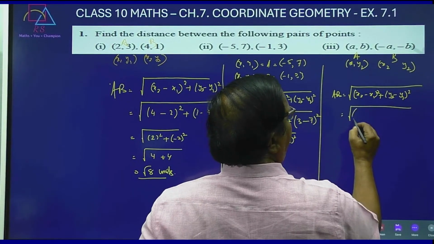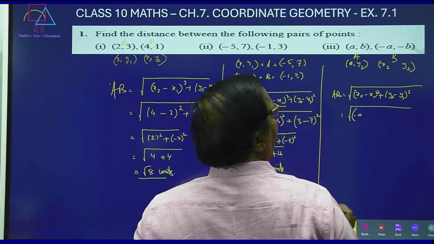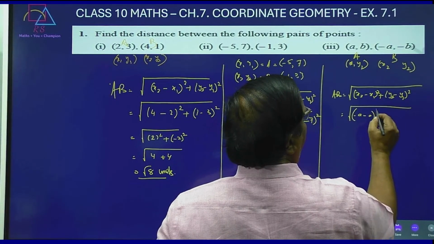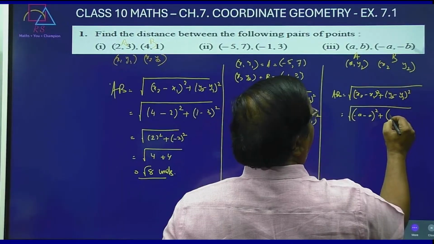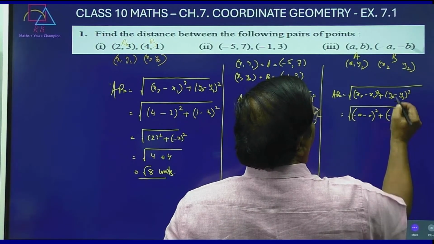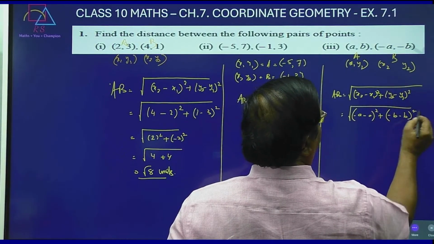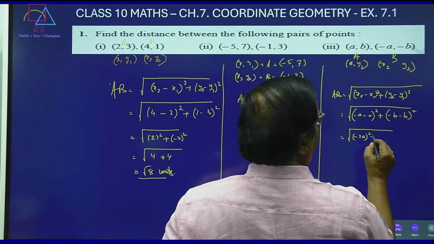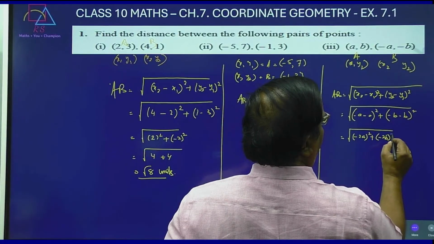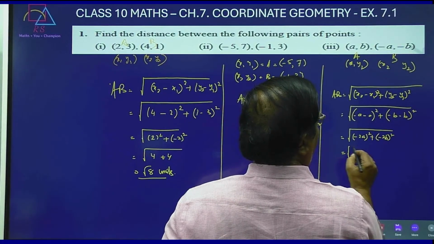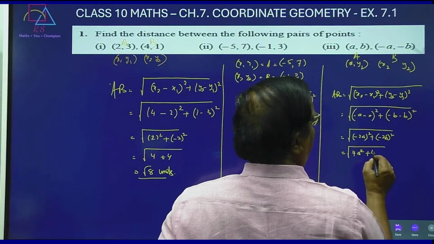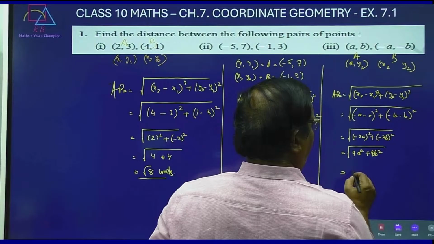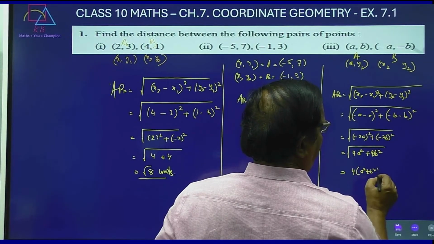So, minus A, x1 is again A, so (minus A) whole square, y2 is minus B, y1 is only B, so (minus B) whole square. So, it is equal to (minus 2A) whole square and (minus 2B) whole square, which is equal to 4A square plus 4B square. So, you can take out 4 common, A square plus B square.